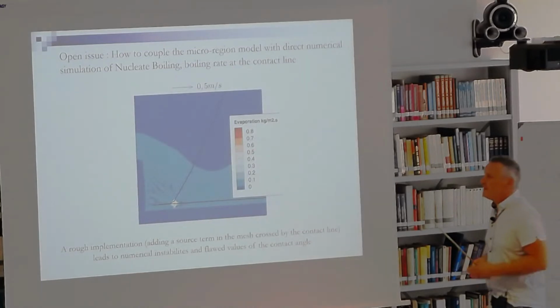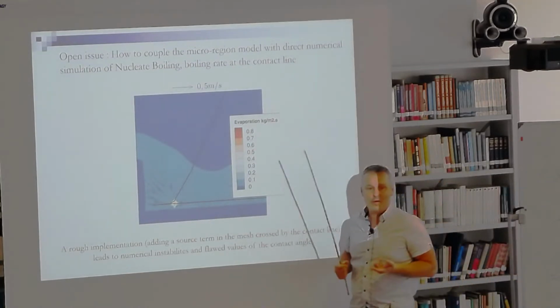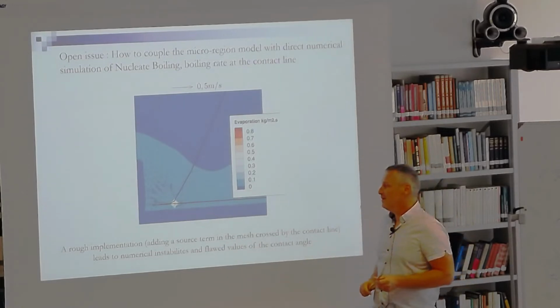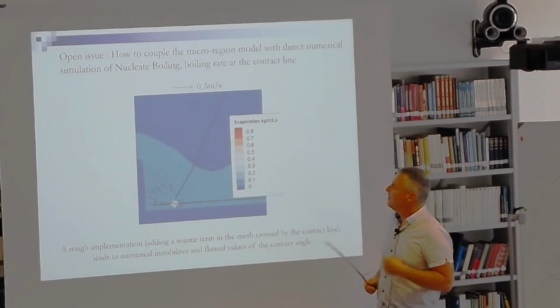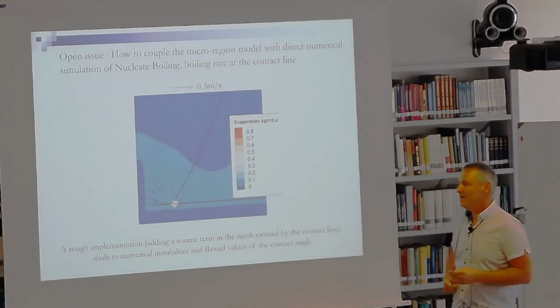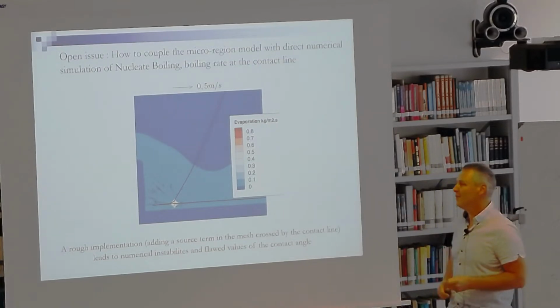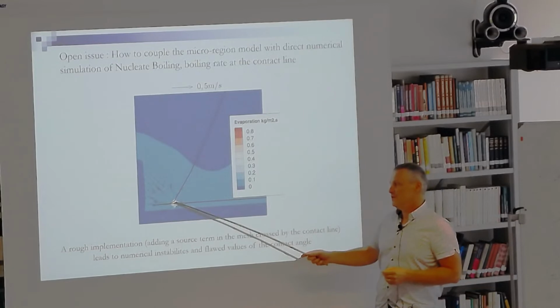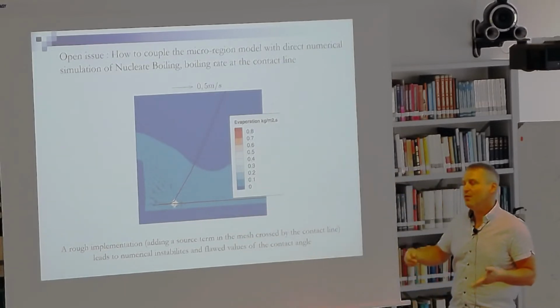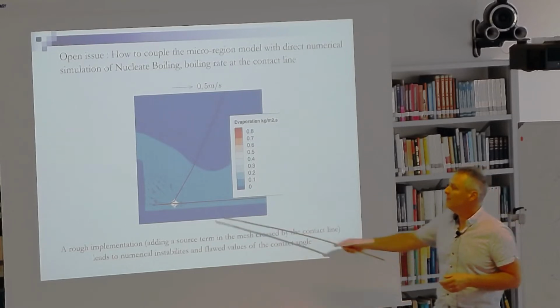The other point is how to distribute a strong mass flow rate in a cell which contains the contact line. In fact, this is a case where the microregion heat flux is very high in comparison to the local mass flow rate involved by boiling in other cells.